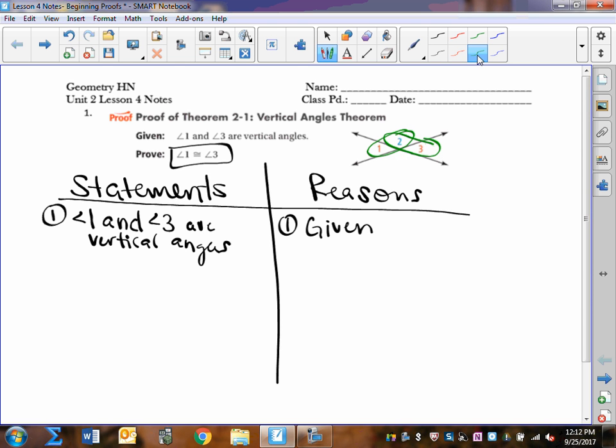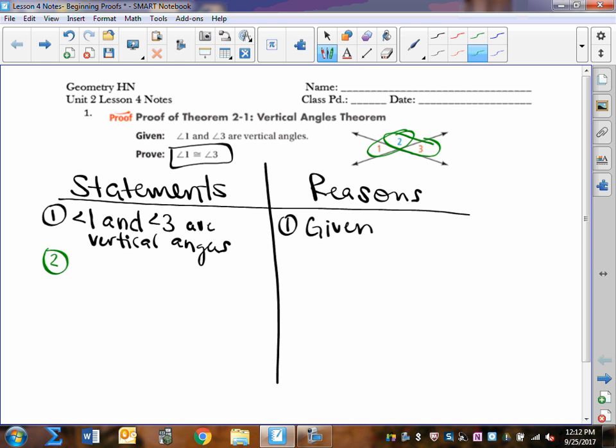Our big idea is we want to get to that point of showing that their measures add to 180, and maybe you set them equal or something like that. So that's our big idea that we're aiming for, but we've got to build up to it. So let's go write down what we've said so far. We know that 1 and 2 are linear pairs. So we have to first identify them as linear pairs before we can say anything about what linear pairs means.